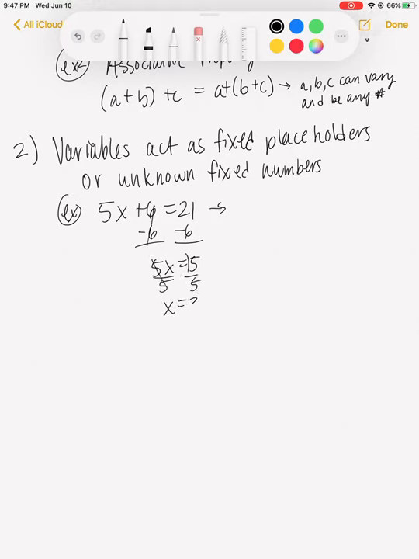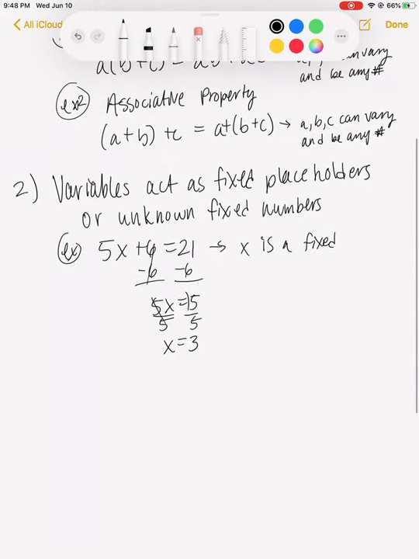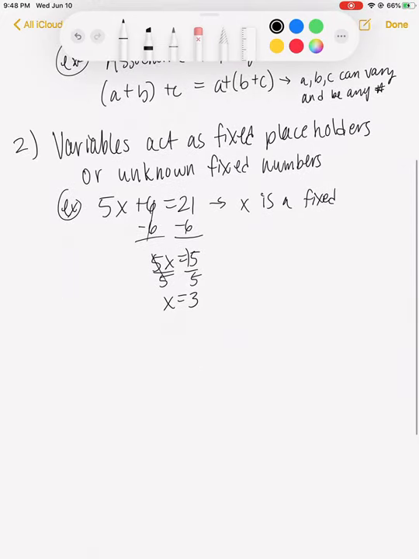X is going to equal 3. So x cannot be just any number. X will not vary. It is a fixed unknown number, or we can say that x represents a fixed unknown number, to be more precise.